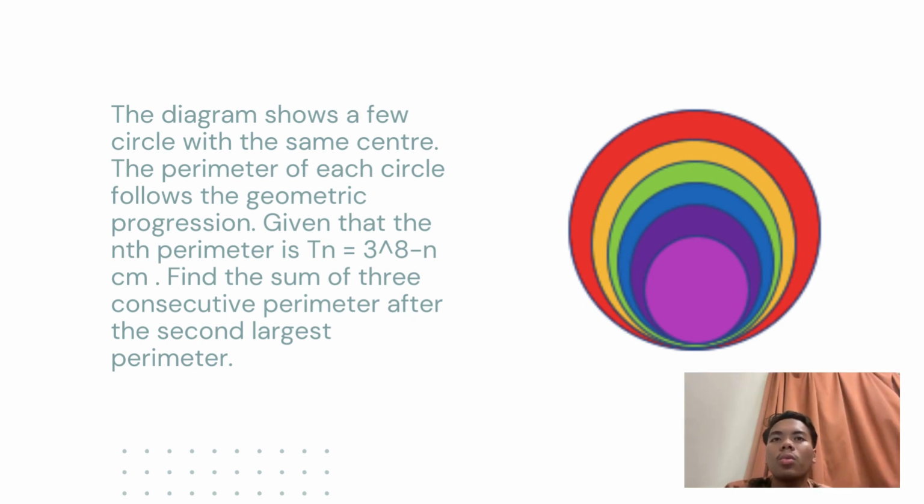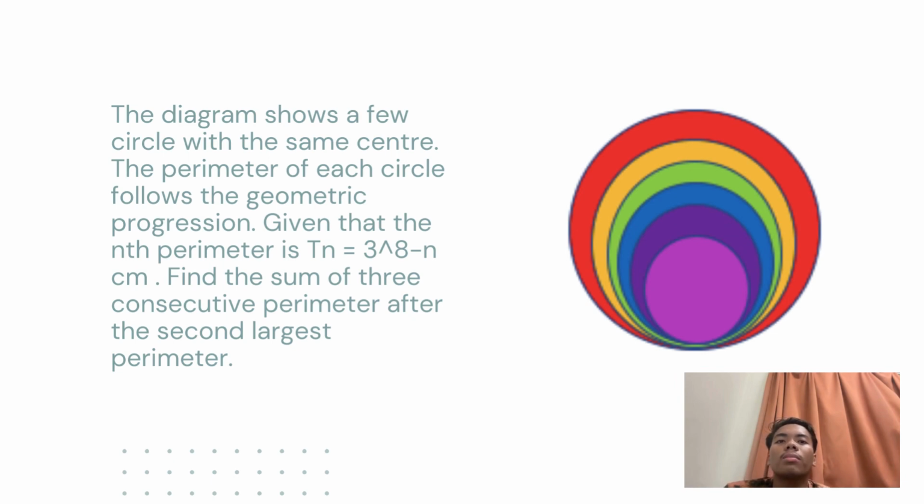First of all, we need to refer to the diagram. You can see 6 circles stacked on each other. We can also see that the red circle has the largest perimeter while the orange one is the second largest. According to the question, we need to find the sum of 3 consecutive perimeters after the second largest, which means we need to find the perimeter of the 3 colors after orange, which are green, blue and purple.